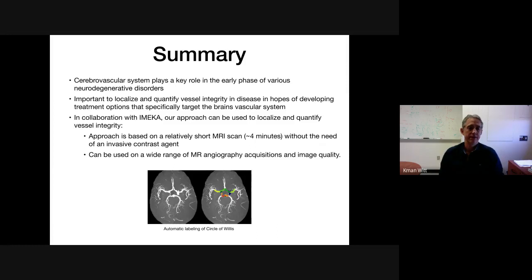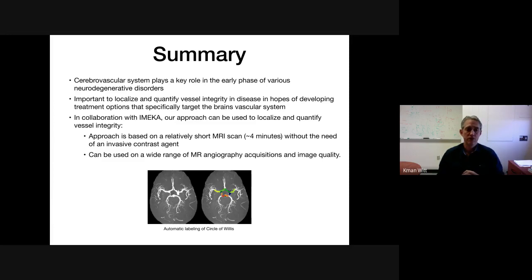So, in the end, it's quite clear that the vascular system is playing a key role in neurodegenerative disorders. As it stands, there's not a lot of software that exists for quickly quantifying the structure and function of these blood vessels. We think that this is a critical component in understanding the pathobiology of these different disorders.